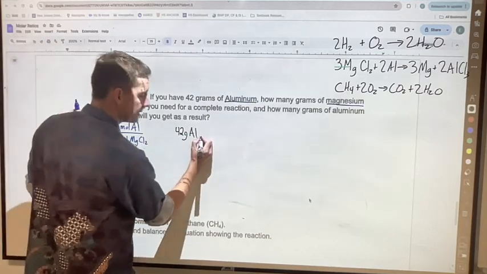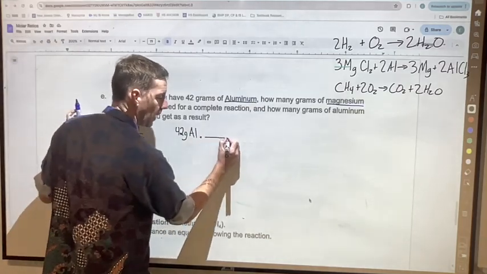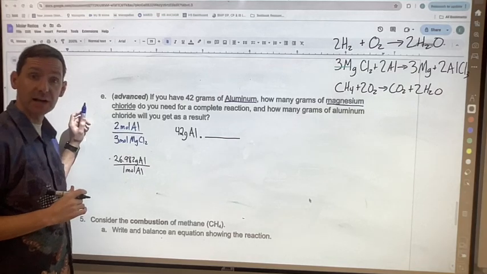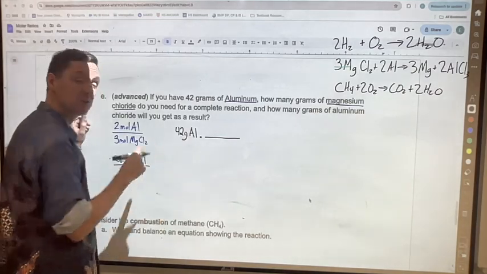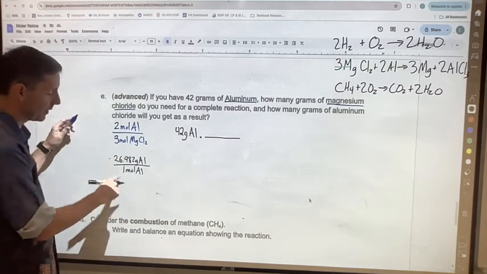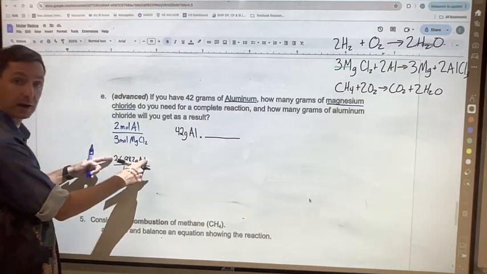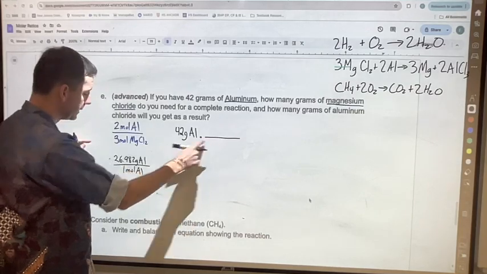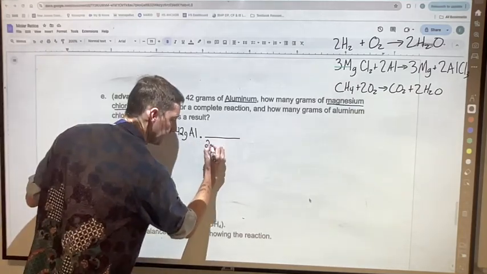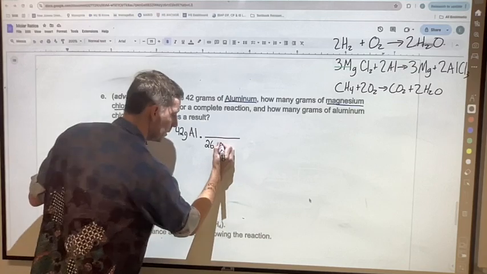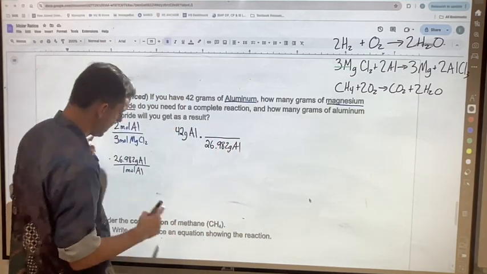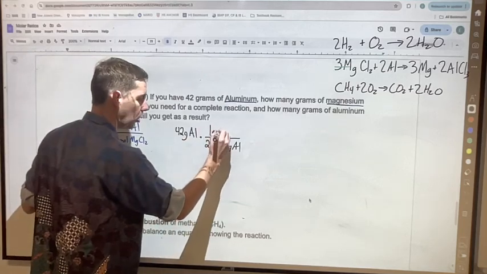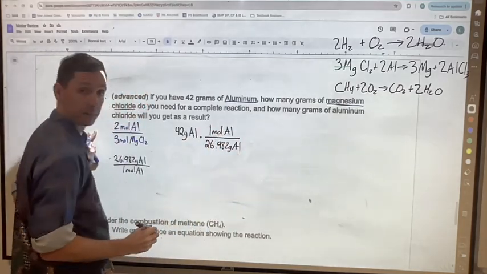Now, I do want to take this and multiply it by my conversion factor, and I want the grams of aluminum to cancel out. So I'm going to make sure that the grams are on the bottom. So I'm going to put the 26.982 grams of aluminum on the bottom, and then I put the 1 mole of aluminum up on the top.